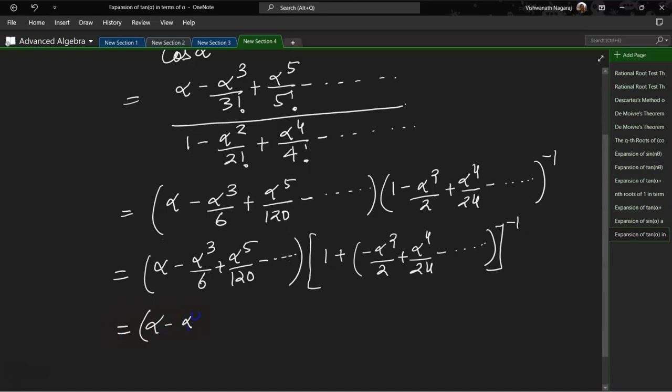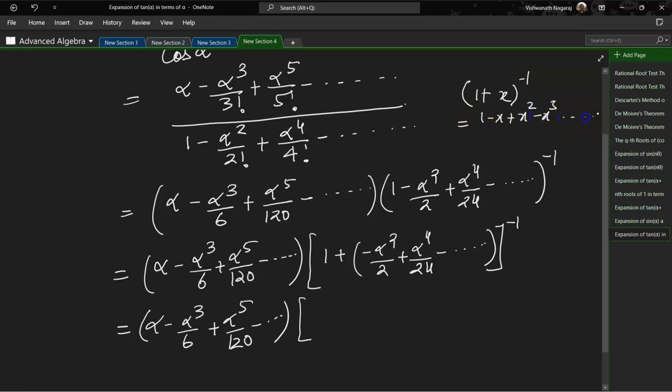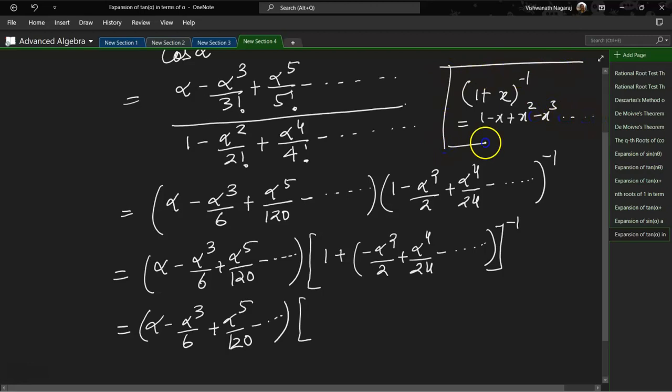So alpha minus alpha cube by 6 plus alpha 5 by 120 minus dot dot dot, and this will become, remember this is equivalent to 1 plus x to the power of minus 1, which is equal to 1 minus x plus x square minus x cube and on. So we just apply that as a pattern.